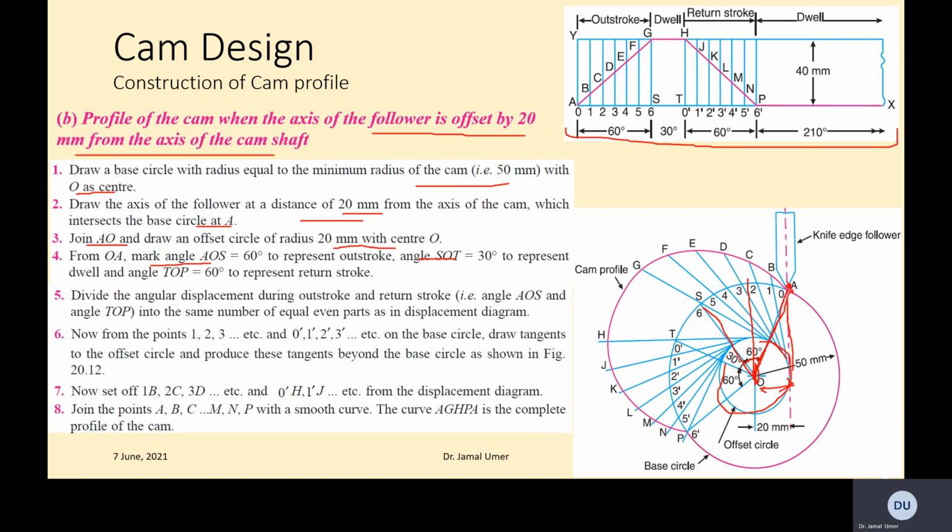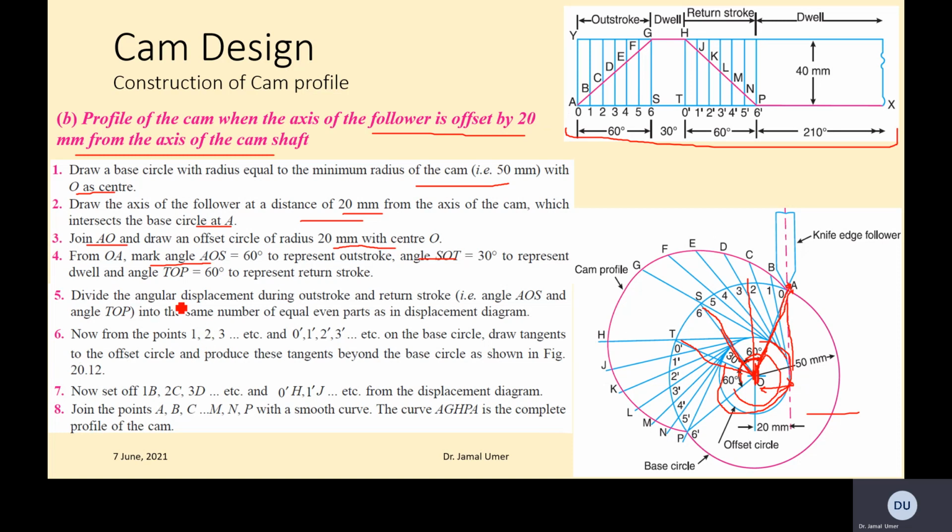So you see you are marking on the base circle, but you're taking this reference angle from this OA line. So that's the major difference in offset basically. So this is the reference line, and then you have 60 degree, and you mark, and then you have 30 degree, then you mark another line which is T, and then 60 degree for the return, and the remaining should be the dwell, return dwell.